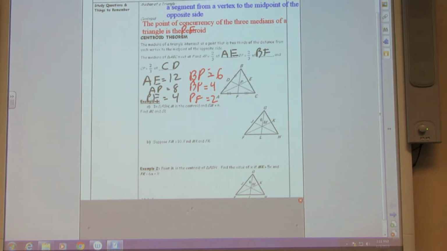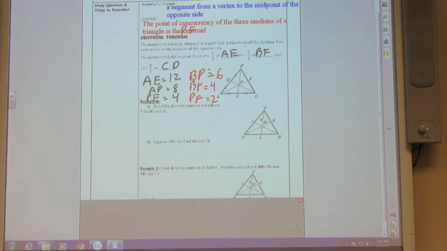Either way, I get 6. So that relationship is always there. If I start with the smallest one, in the red example there, PF is 2. To get the middle one, I double it and get 4. To get the full one, I multiply it by 3 and get 6.